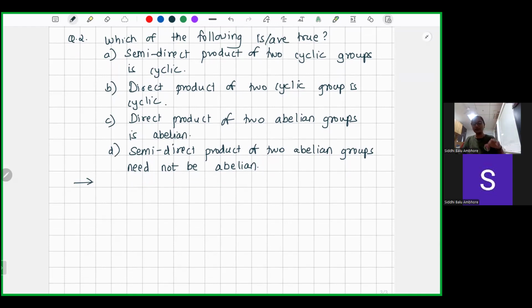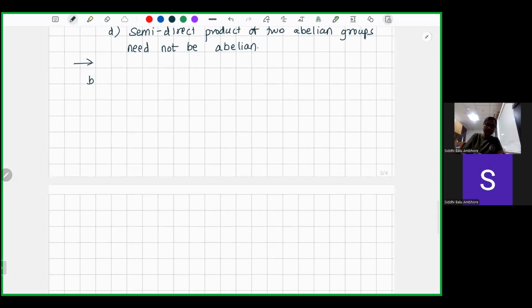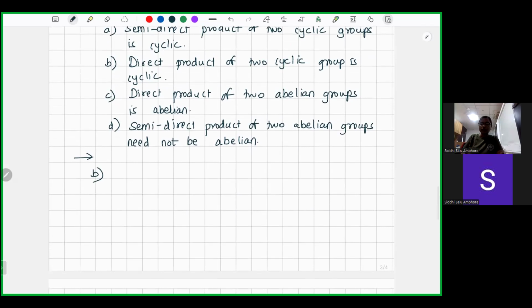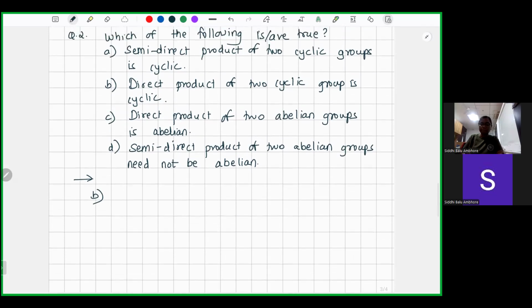So let us deal with the questions related to the direct product first, and then we will go to the one with the semi-direct product. The first question is that the direct product of two cyclic groups is cyclic. So let us understand this. Is this always true? Is the direct product of two cyclic groups always cyclic?